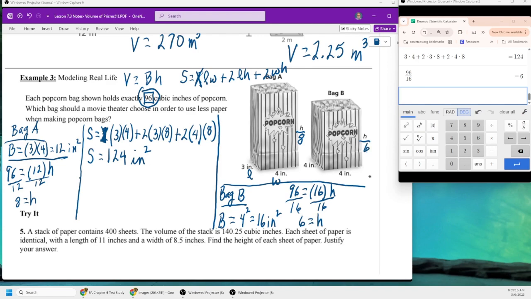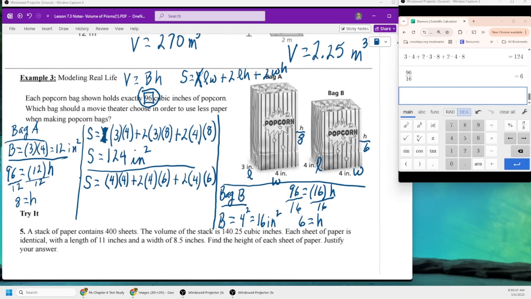All right, so if we do this again, here's our length, here's our width, and same thing right here when we find the total surface area. We're going to do the length times the width plus 2 times the length times the height plus 2 times the width times the height.